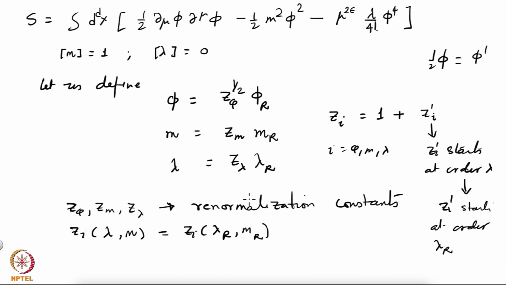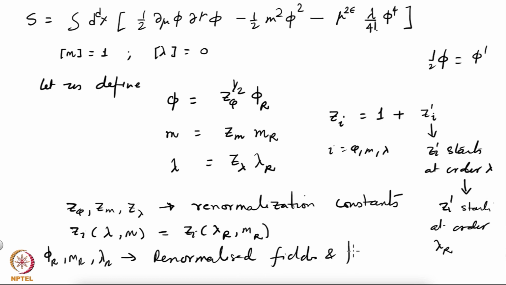One thing I wanted to say here is that this is called multiplicative renormalization, when you have these renormalization constants multiplying the renormalized fields. When I'm using subscript r to a field or a parameter, I call it a renormalized field. So phi r, m r and lambda r are renormalized fields and parameters, whether it's a mass parameter or a coupling constant.